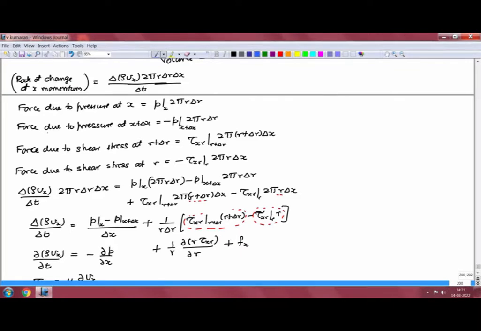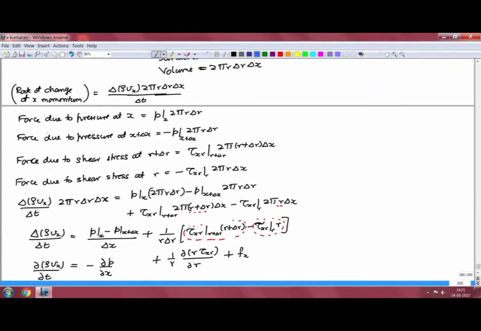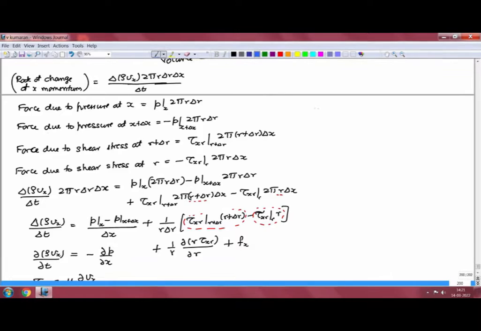At the surfaces r and r plus delta r, if this is the differential volume, let us say this is the differential surface, the pressure acting in the x direction will be at these surfaces. The surfaces at r and r plus delta r, the pressure acts perpendicular to that surface, which is not in the x direction.